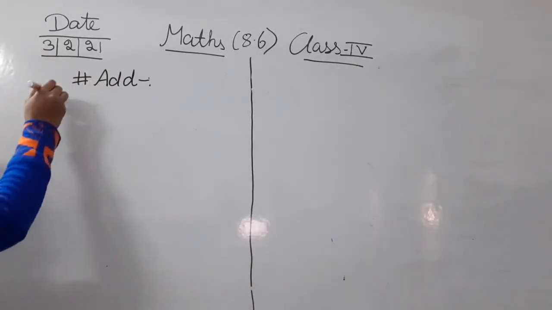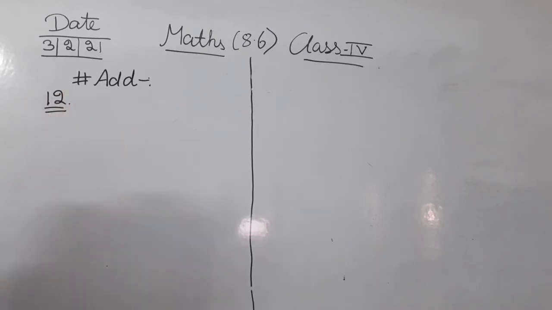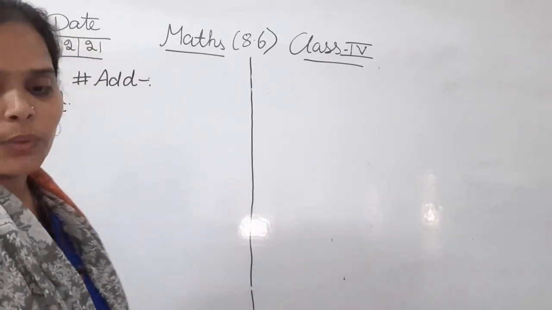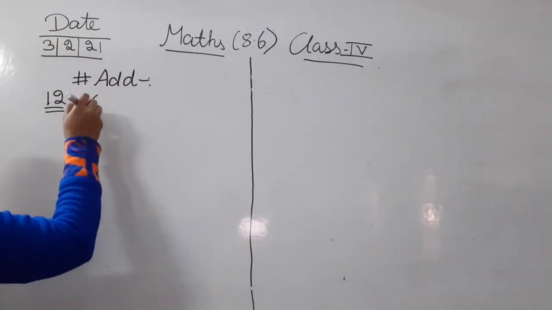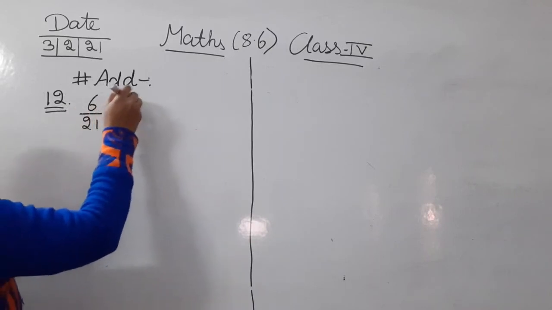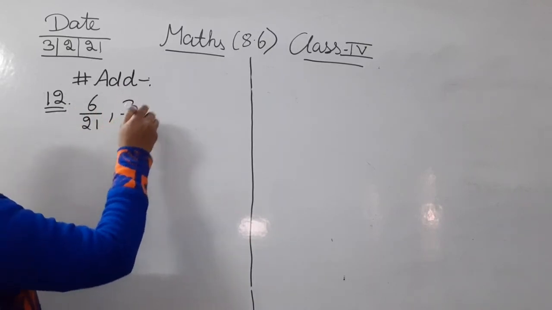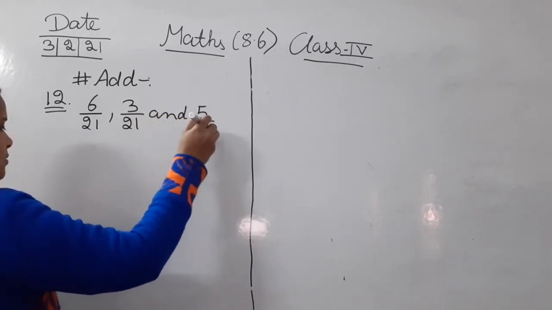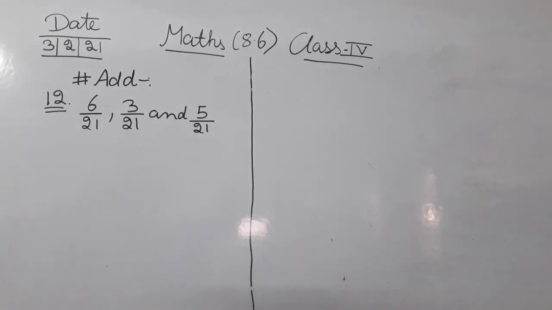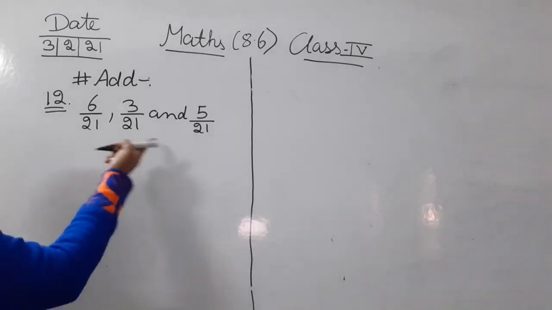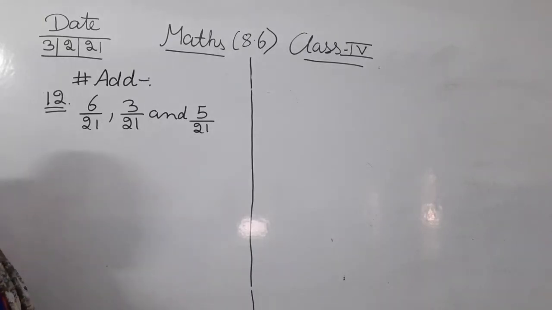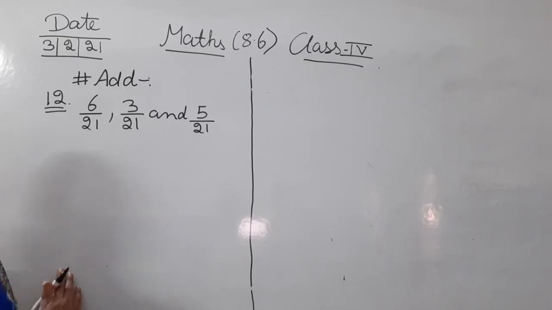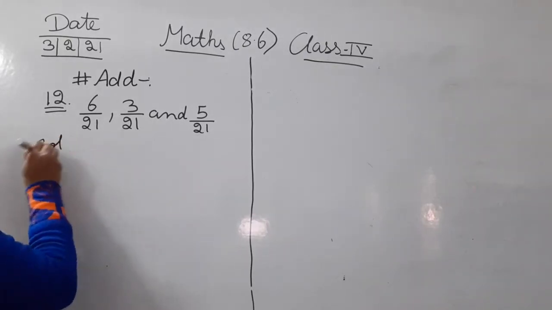In question number 12 we have to add 6 upon 21, 3 upon 21 and 5 upon 21. These three are like fractions.